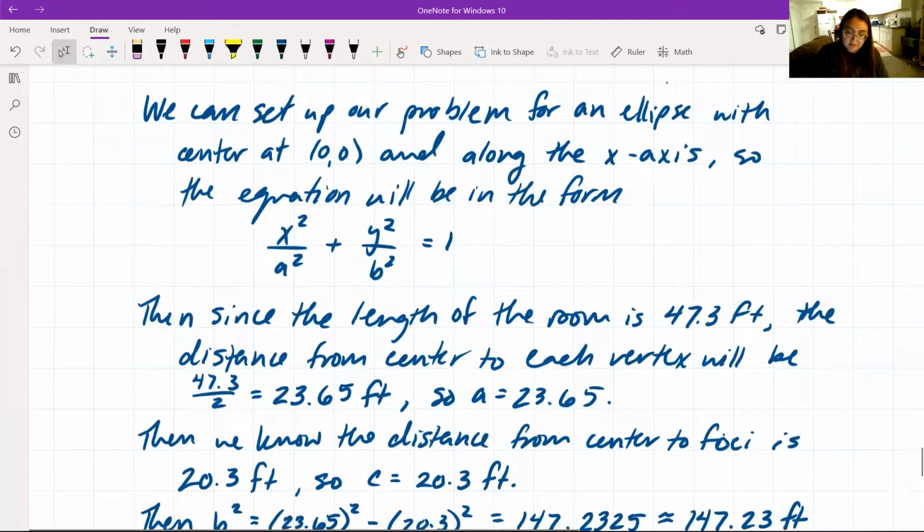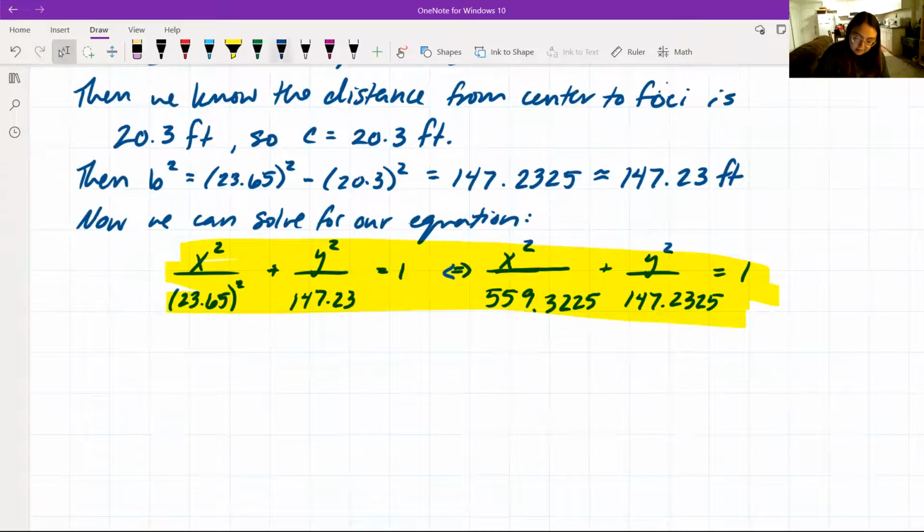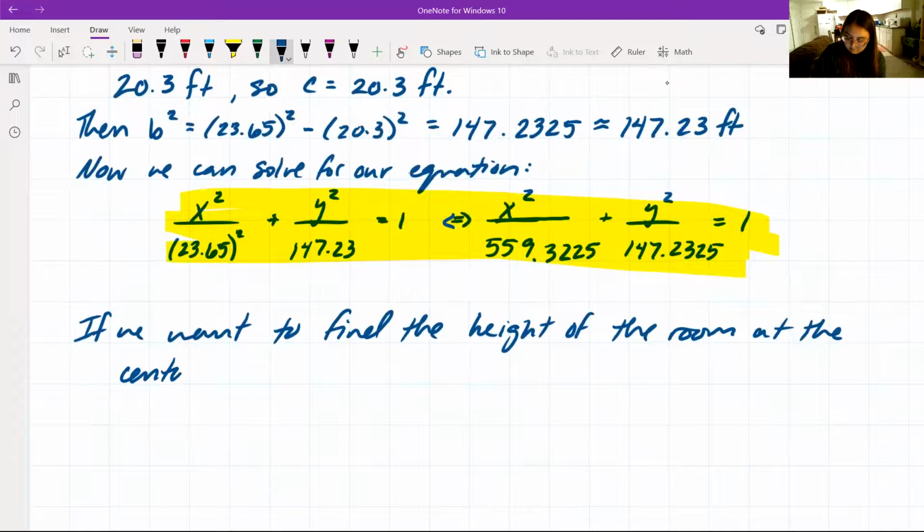So we found our equation, but our question was how high was the room at its center? This means if we want to find the height of the room at the center, that would be our y-intercept.